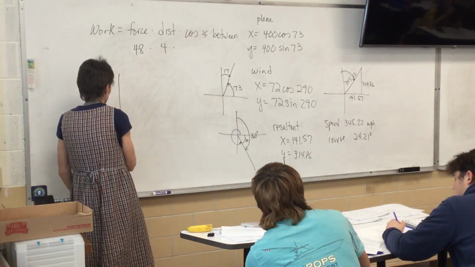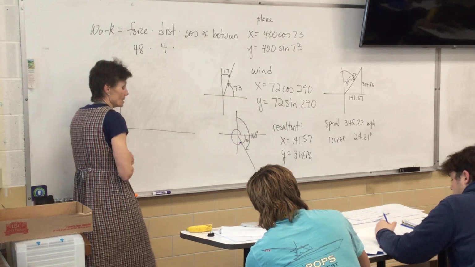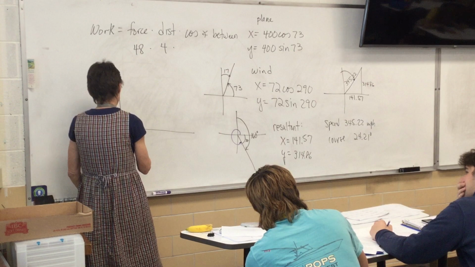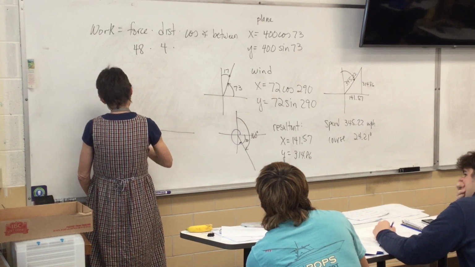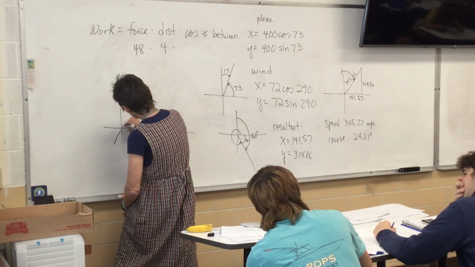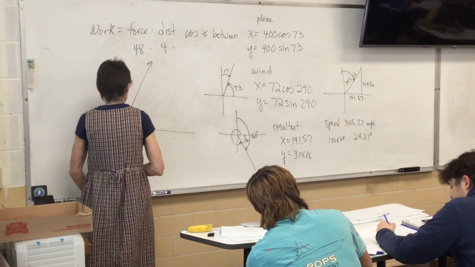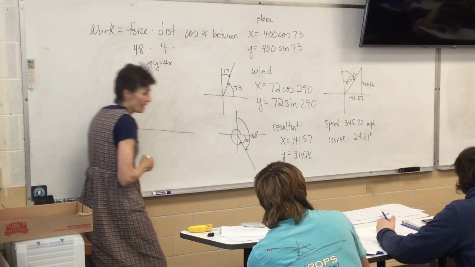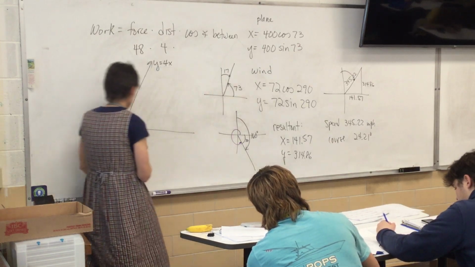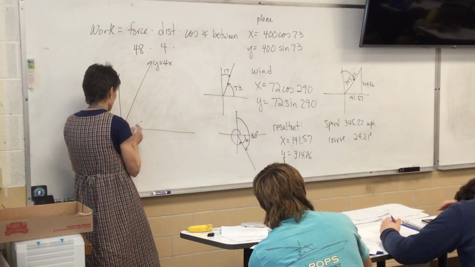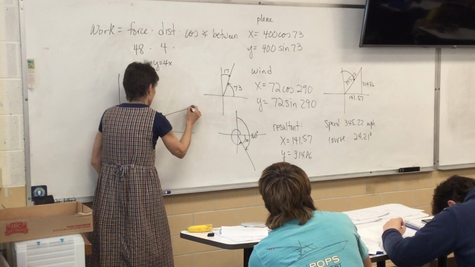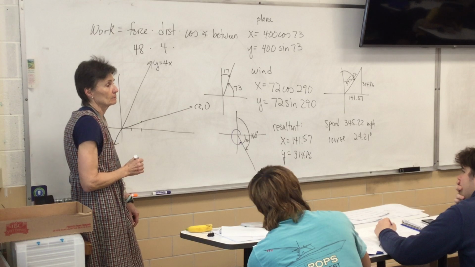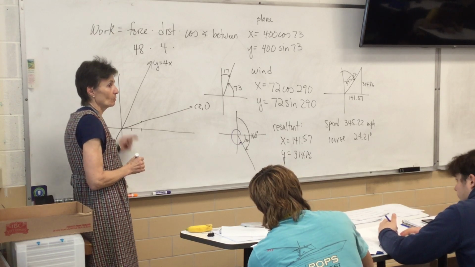Now, let's look at what's happening here. We have the line y equals 4x. I'm just going to go ahead and put in the line y equals 4x. And then we have the direction 2, 1. So here's the direction right here. Everybody got that?